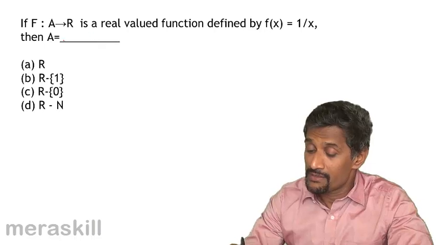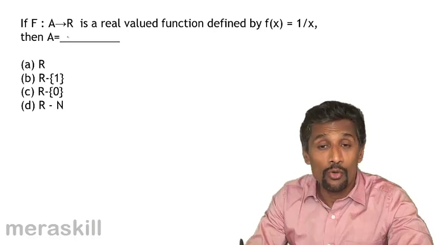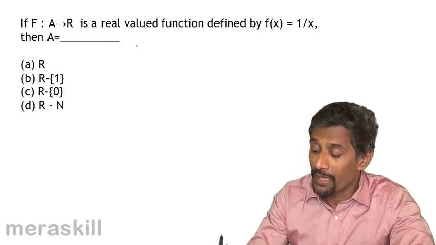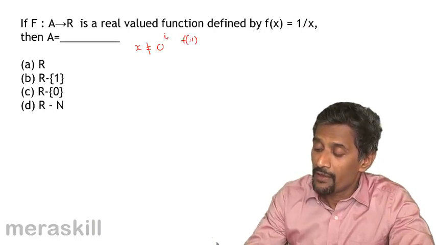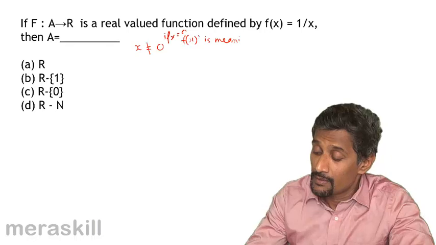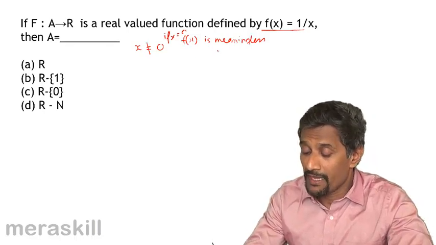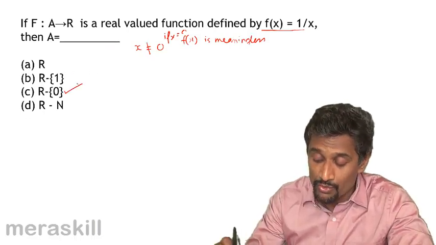Then that means the domain is okay for all real values of x except when x is equal to 0, because the moment you put x as 0, f of x is meaningless, which means this relationship is true for all those values of x except when x is 0. So all the real values minus 0 are acceptable.